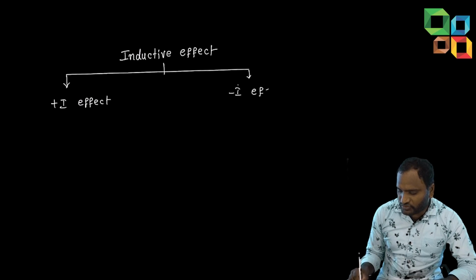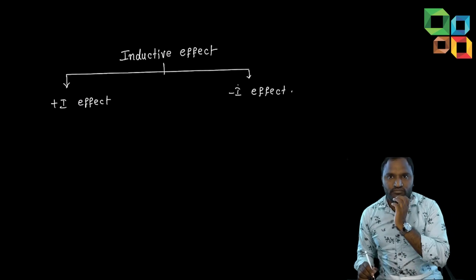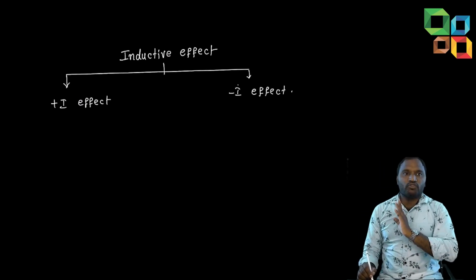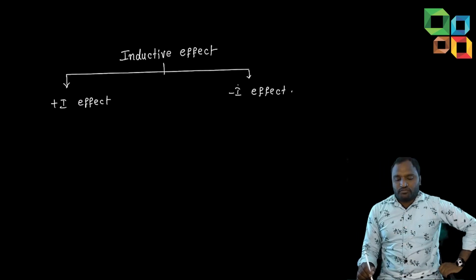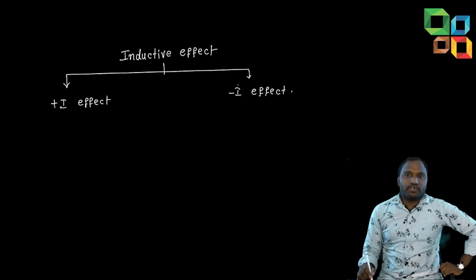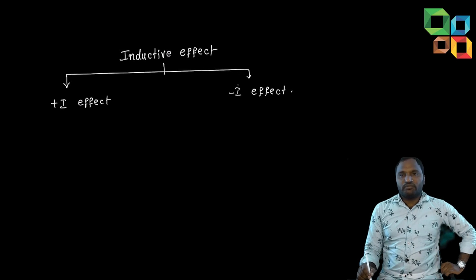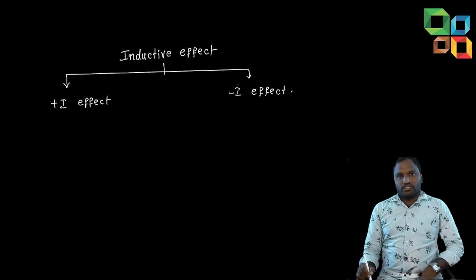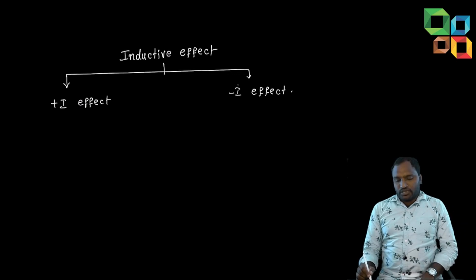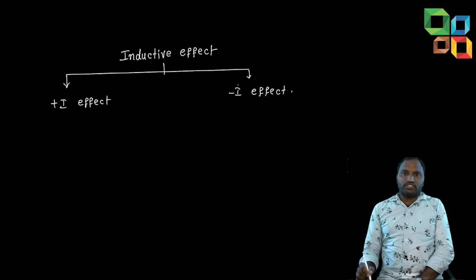Only basics I'll use, students. Don't take any tension. I'll give only basics, because optical isomerism and all you learned in a higher standard. Plus psi effect means for your range it is more, foundation range it is more.